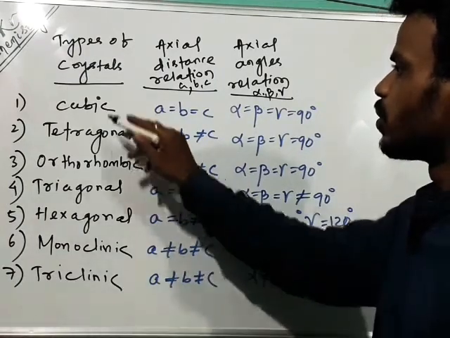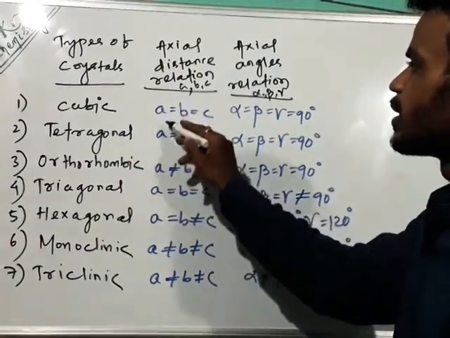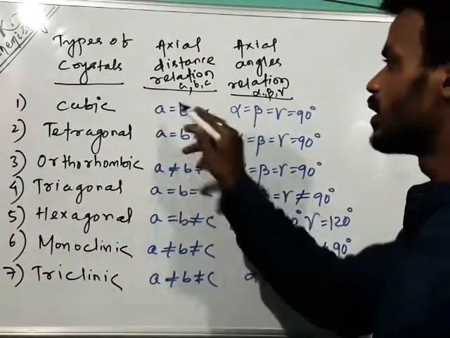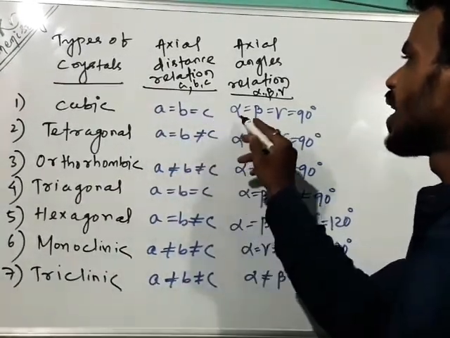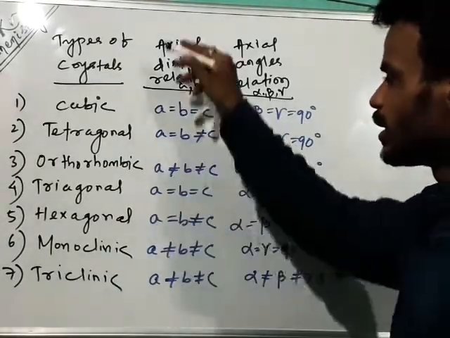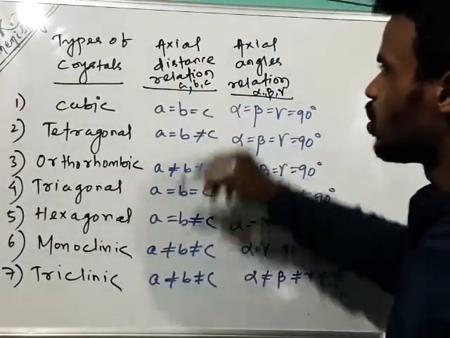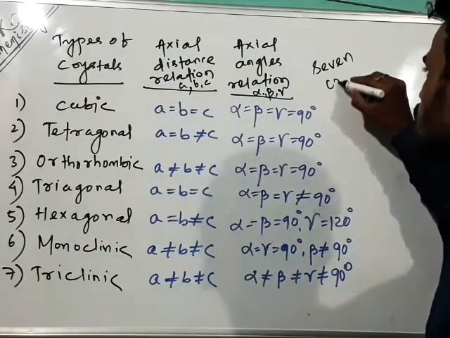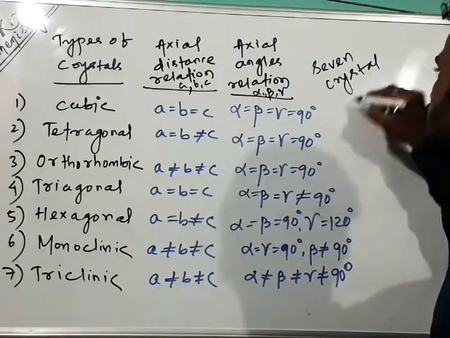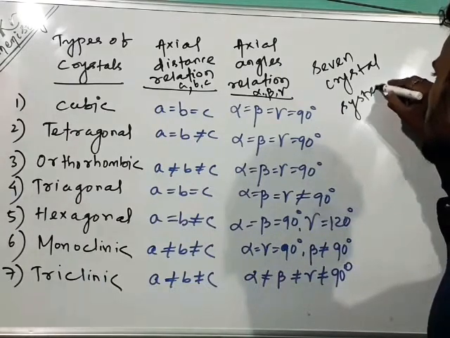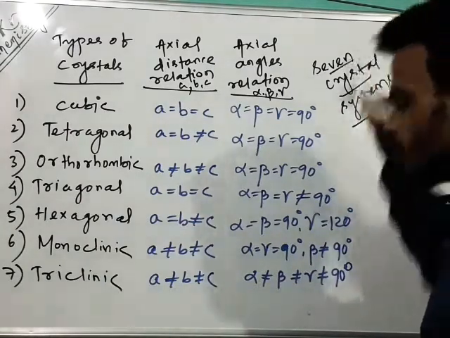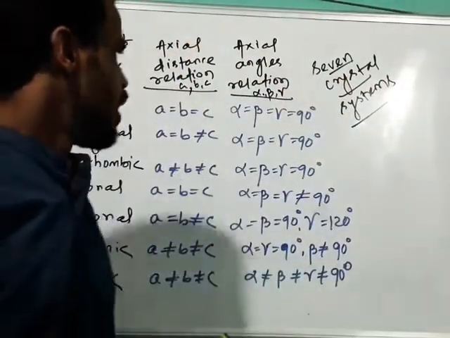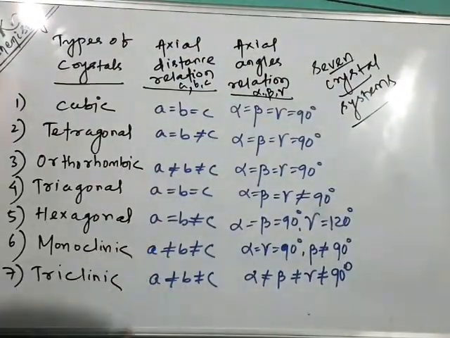For the cubic crystal system, the axial distances are as shown in the figure: A is equal to B is equal to C, and alpha, beta, gamma are 90 degrees. This is the total chart of the 7 types of crystal system. Hope you have already seen these slides.